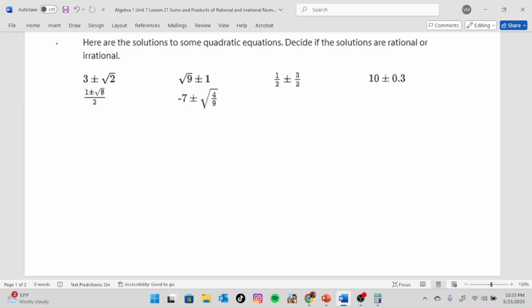So the first one that we have is 3 plus or minus the square root of 2. 3 is a rational number, but square root of 2, because 2 is not a perfect square, when we put this into a calculator, gives us that never-ending, never-repeating decimal. So that is going to be irrational.